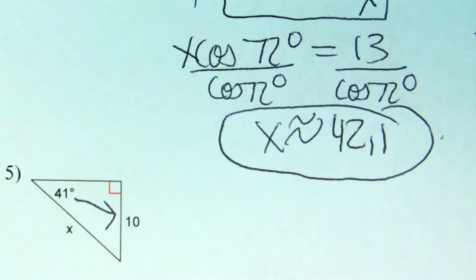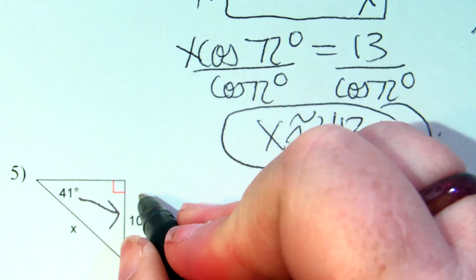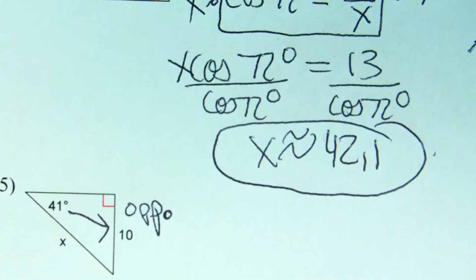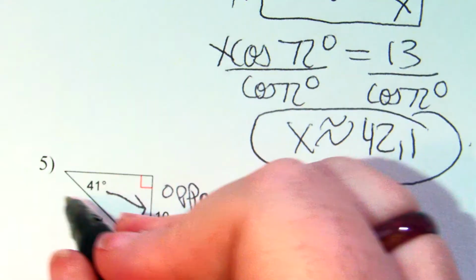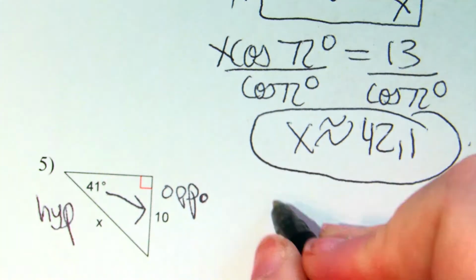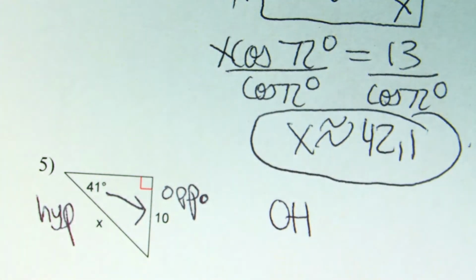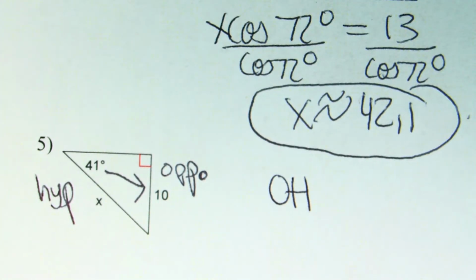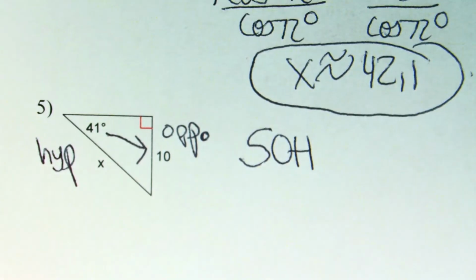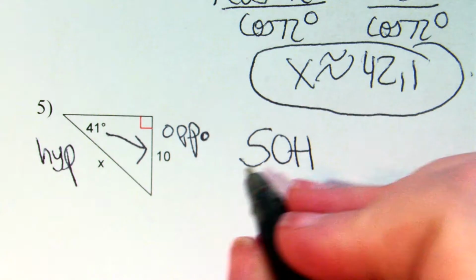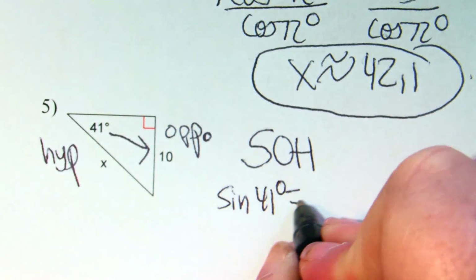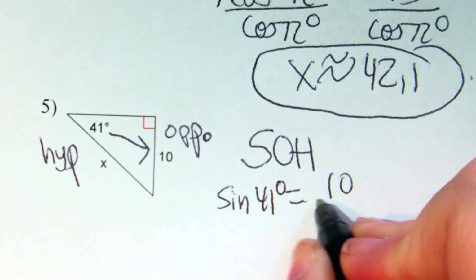So 41, the 10 is what? Opposite. And the x is the hypotenuse. So which trig ratio did you decide it was? SOHCAHTOA. So it's sine of 41 degrees equals opposite, which is 10, over x.